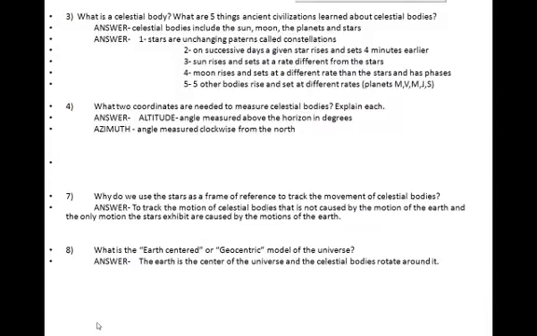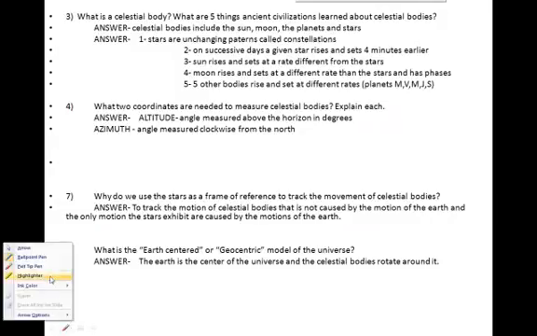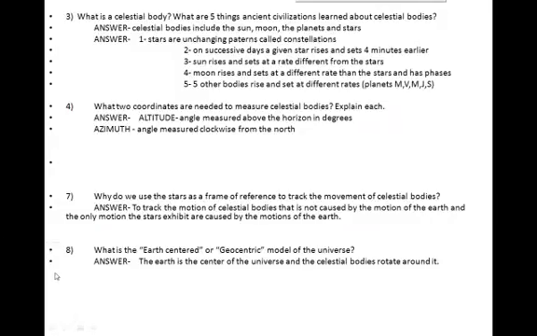Next, what's a celestial body? And 5 things that the ancient Egyptians learnt about celestial bodies. So a celestial body is anything in the sky that we see, and these are 3 things.